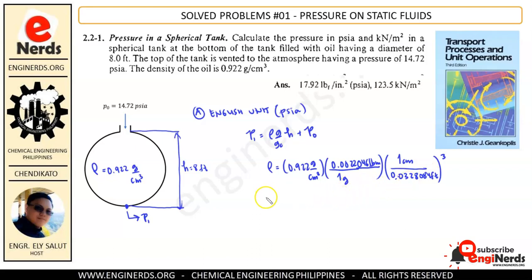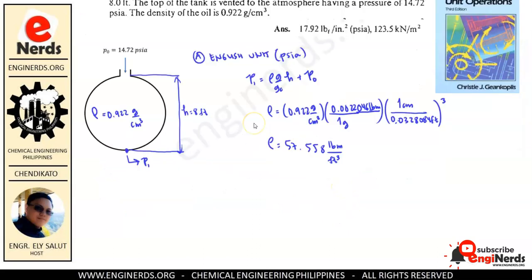So therefore, our density is equal to 0.922 times 0.0022046 divided by 0.0328084 cube. And our density will be 57.558 pound mass per cubic feet. Okay? And then the rest is already in English unit.